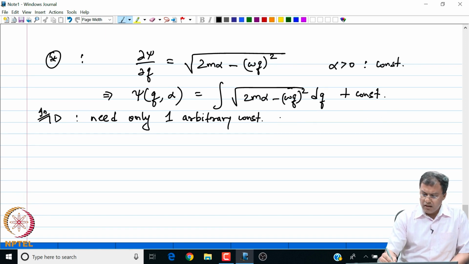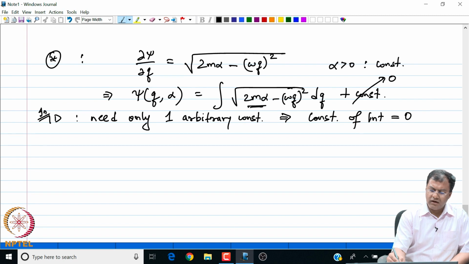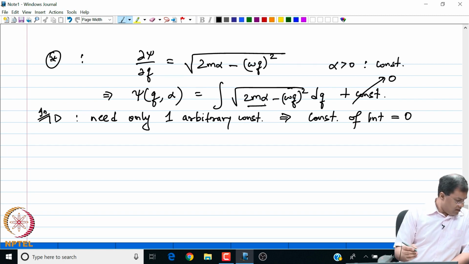So, that is why we take the constant of integration to be 0. This is 0 because we already have one constant sitting here, right. Okay.